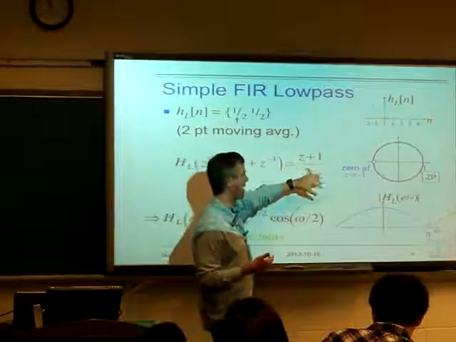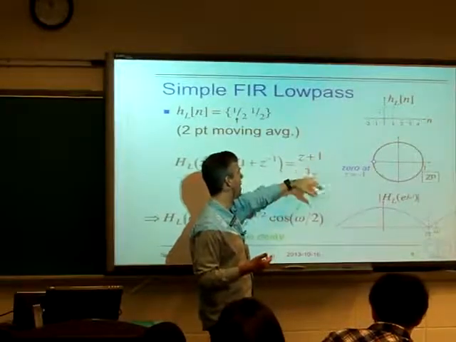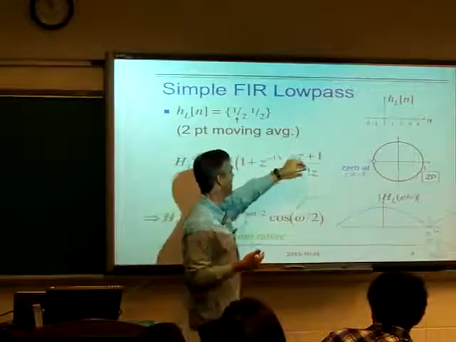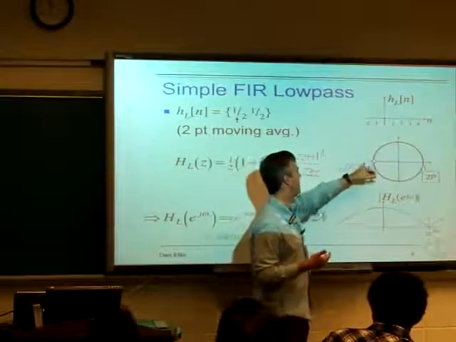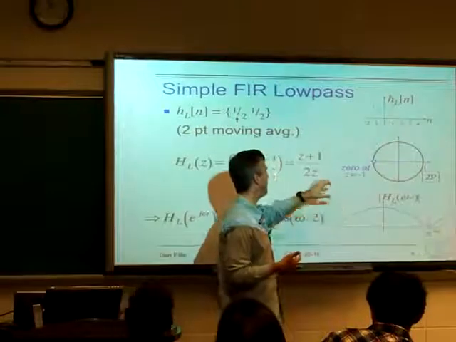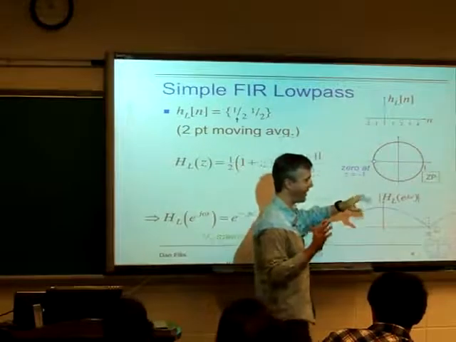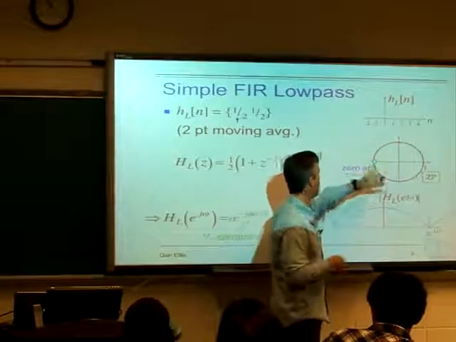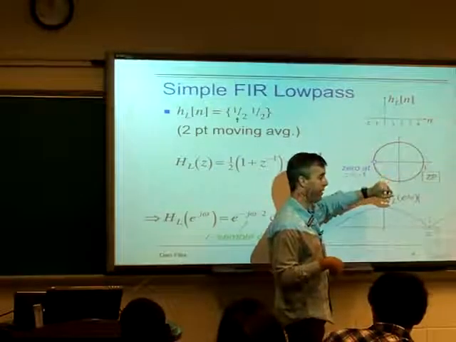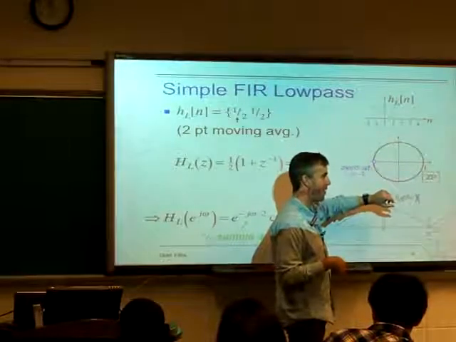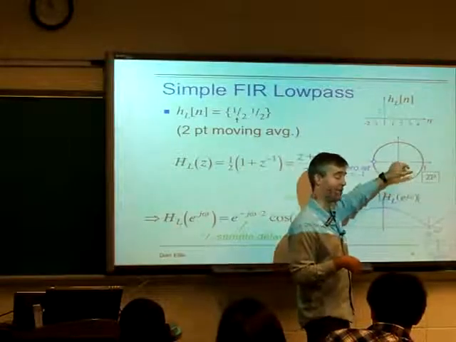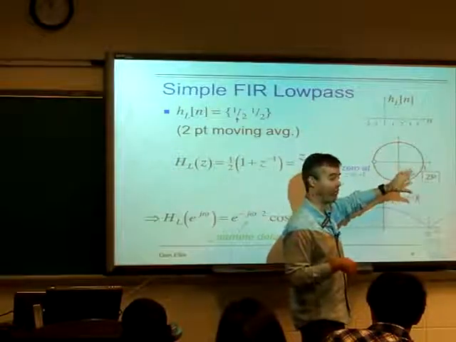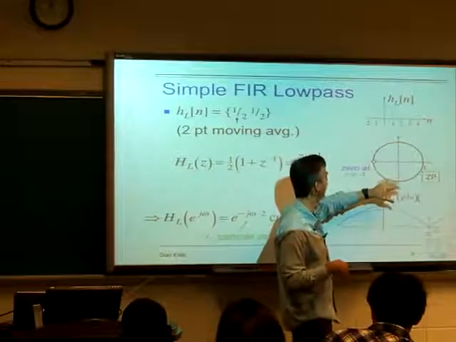If we try to make it in terms of z, we can divide through by z, but basically all that's happening here is that this thing goes to 0 when z is equal to minus 1, and maybe it has some poles at z equals 0, but like I say, we ignore those because they're just delays. So here's the pole-zero diagram. No one's going to mark you wrong for putting poles at 0, but I hope no one will mark you wrong for not putting them in if they're technically there.